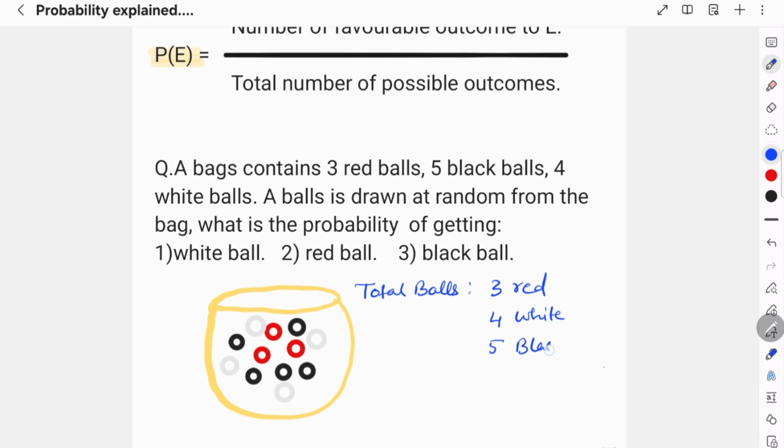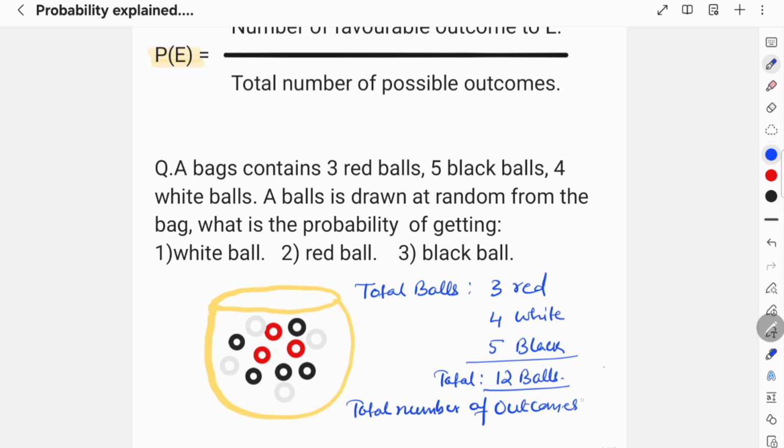In total we have 5 plus 4 is 9, plus 3 is 12 balls. So the total possible outcomes will be 12.